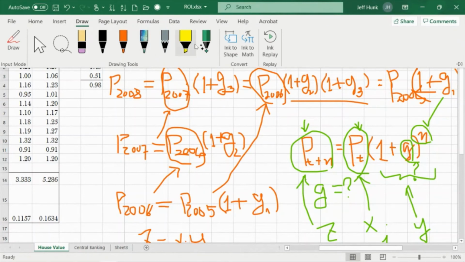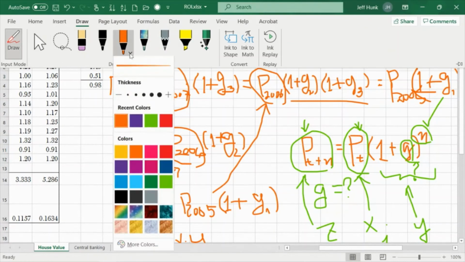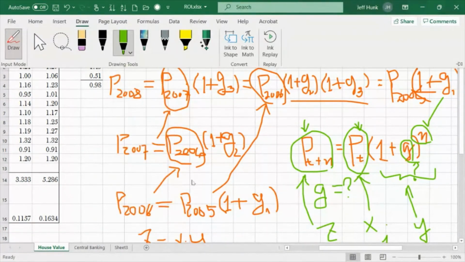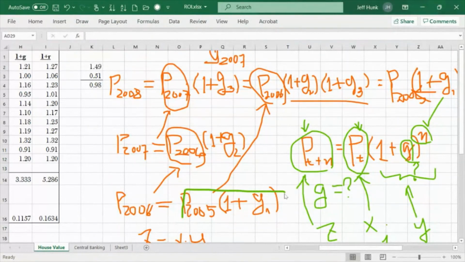So the definition of 2006 is this, and I can substitute this by this.